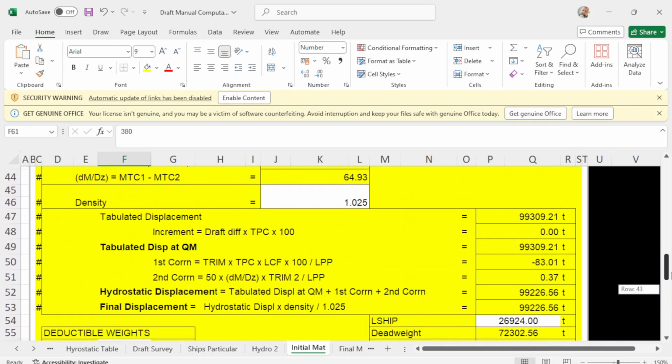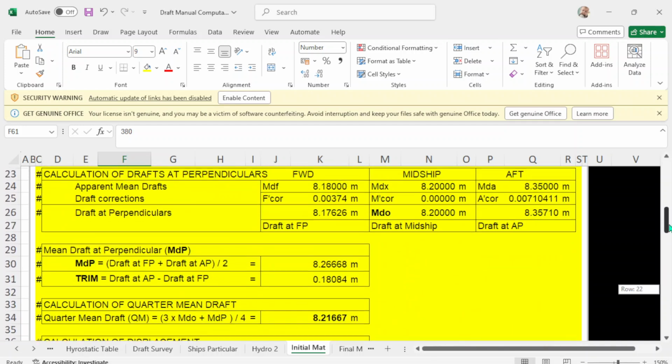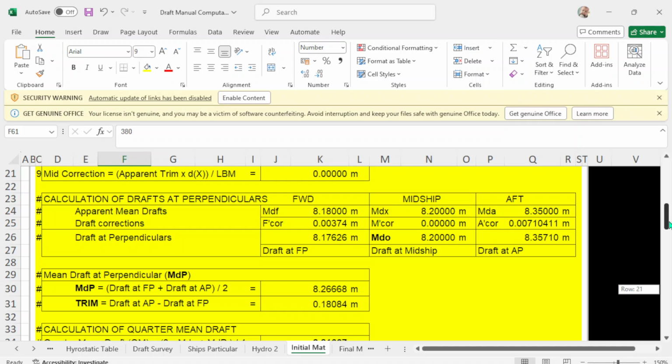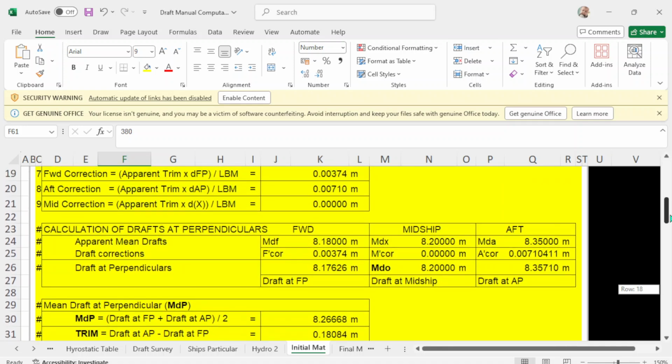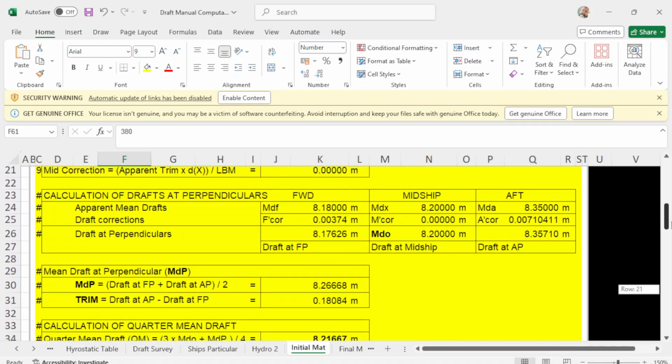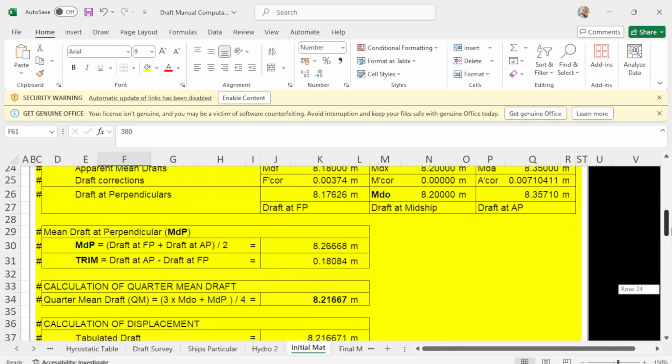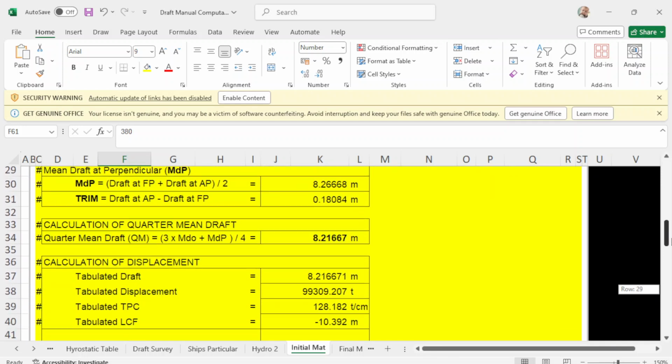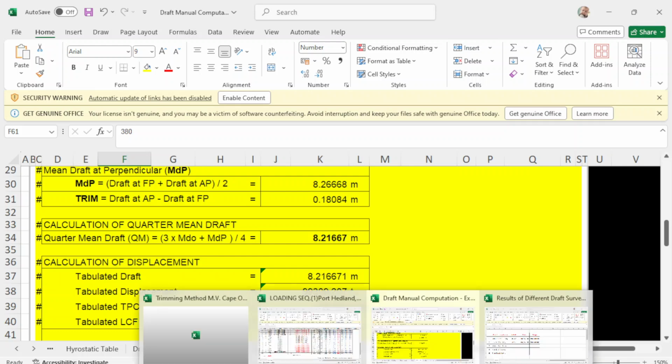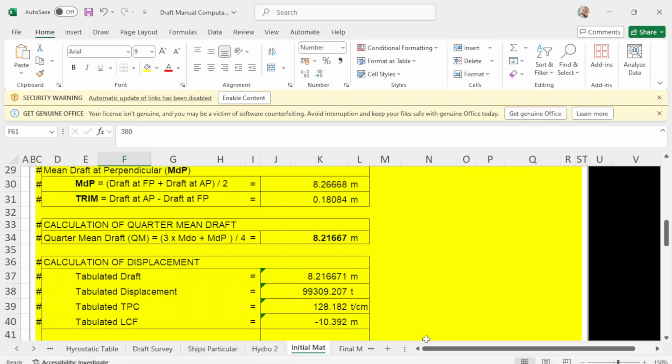We'll try to check this one, guys. Your quarter mean is 21.67.